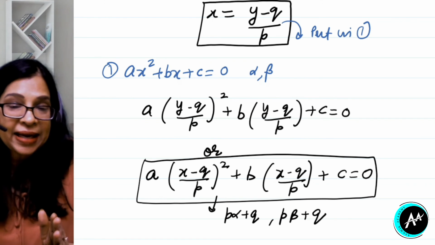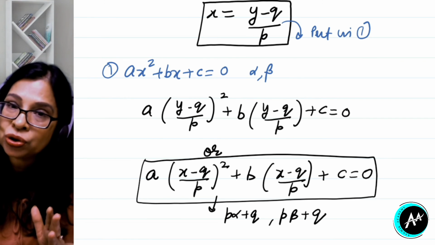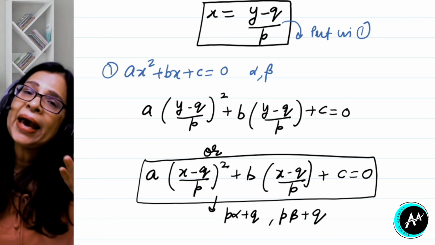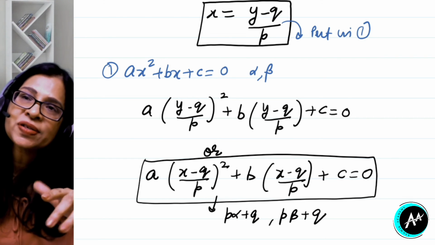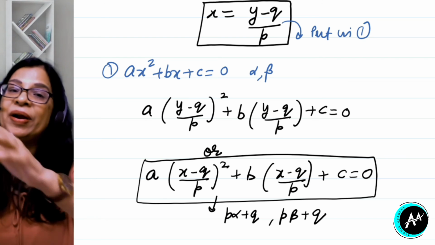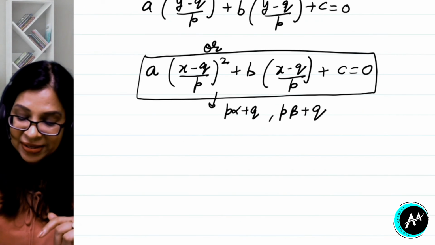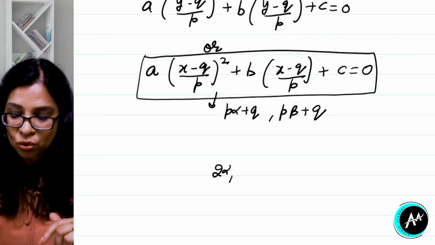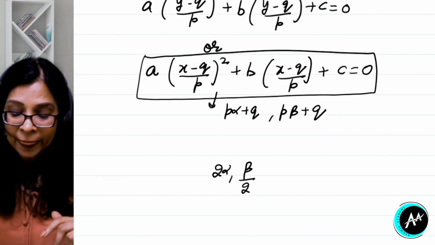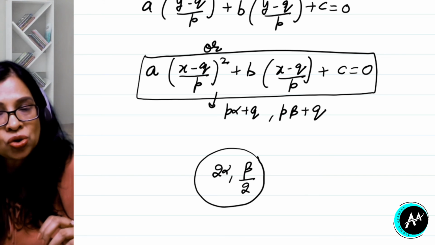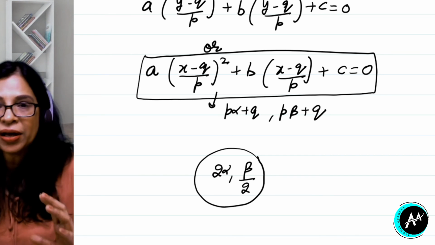You see, if the same transformation is not happening in both the roots, suppose the original equation has roots alpha, beta and we have to form an equation whose roots are 2 alpha and beta by 2. Now if new equation has roots 2 alpha and beta by 2, then we cannot use this substitution method. This can be used only if the same transformation is happening in both the roots.